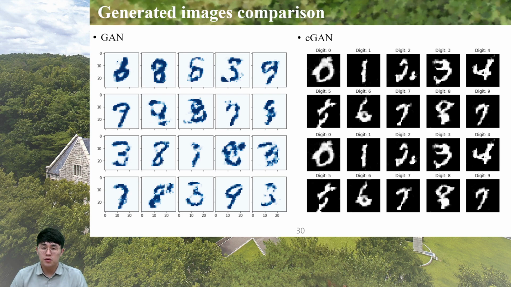When images generated by trained GAN and cGAN are compared, images generated by GAN are randomly output. On the other hand, the images generated by cGAN are output to meet the specified conditions.